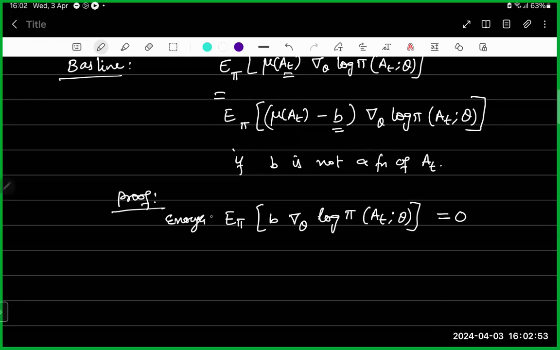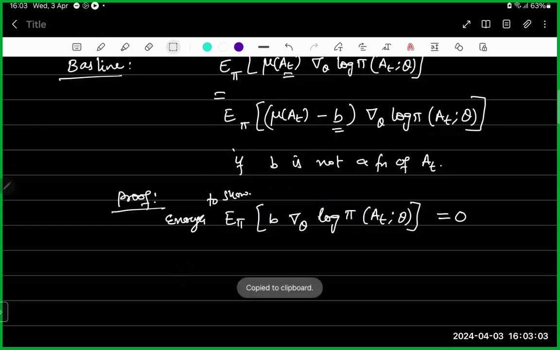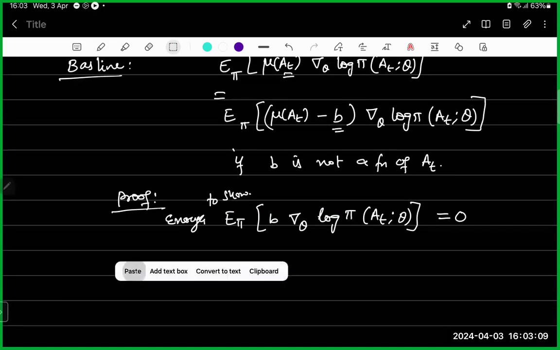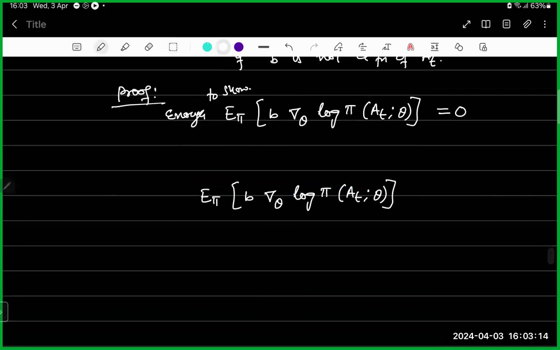It is enough to show this. So let's consider this term and let's try to do something.